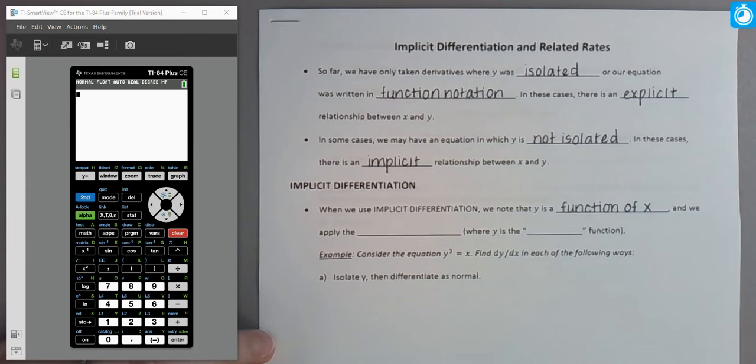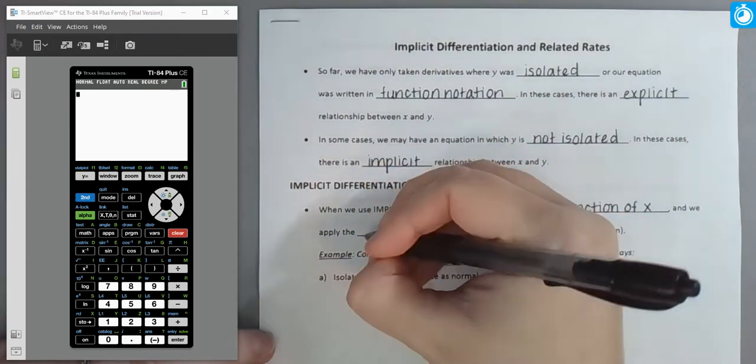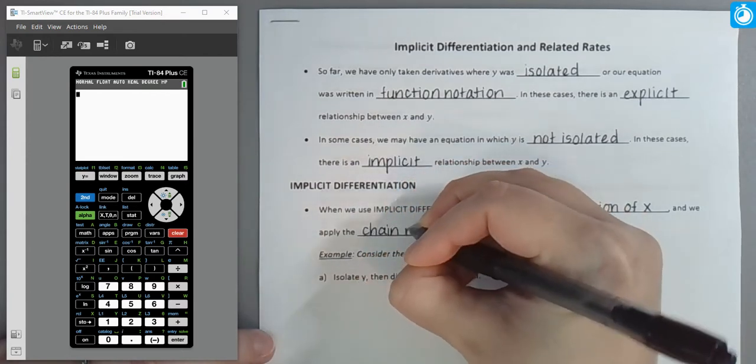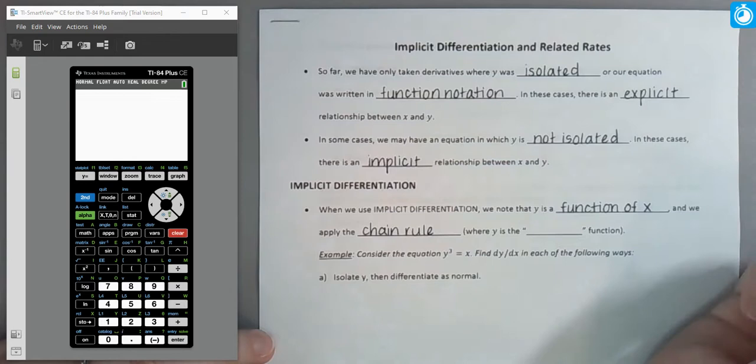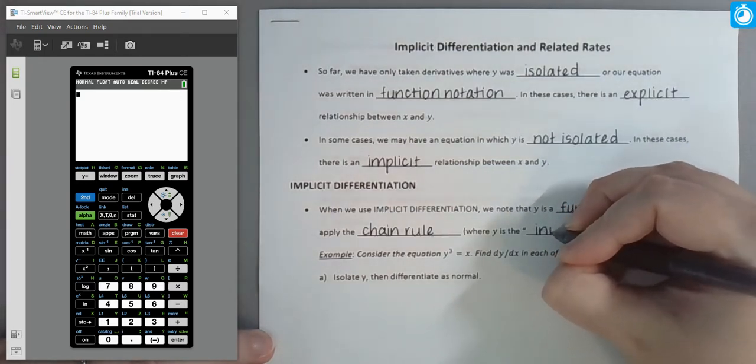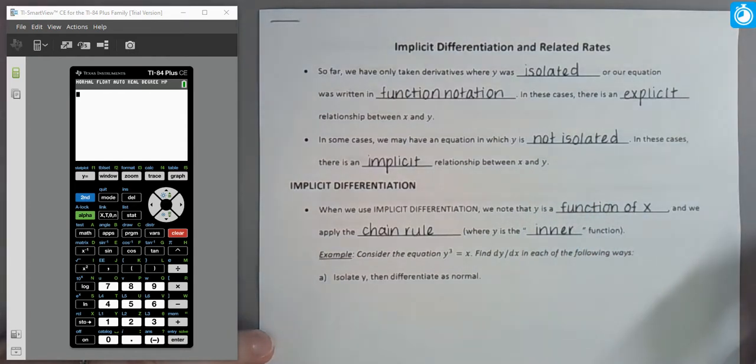So we're going to use this general idea, and then we're going to apply one of our derivative rules, specifically the chain rule, where we think of y as the inner function. So in other words, if we have an expression involving y, not just y by itself, but other things are being done to y in our equation, we think of that as a function of y.